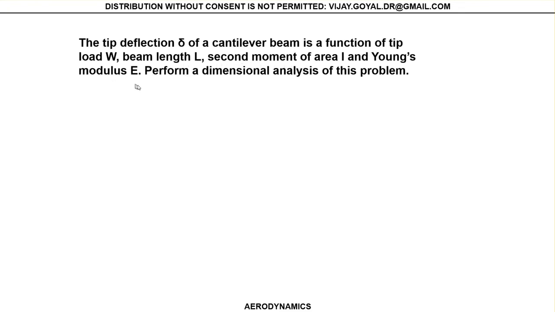The way this works is that there are a couple of ways we could address this issue. One way we could do is that we know that delta is a function of weight, a function of length, a function of Young's modulus, and a function of inertia.